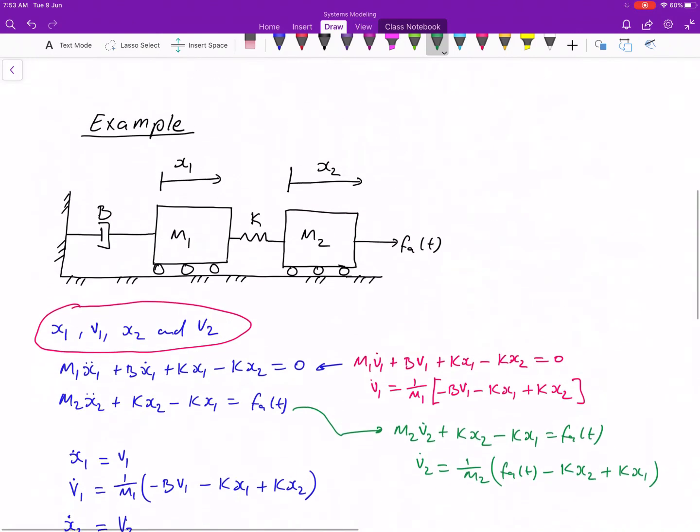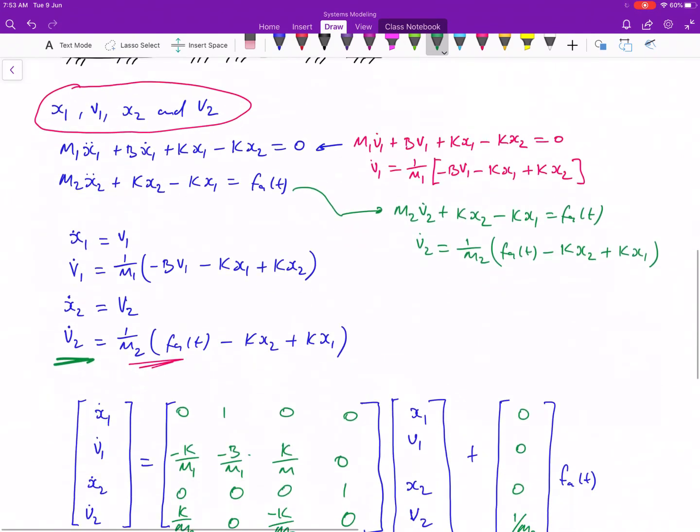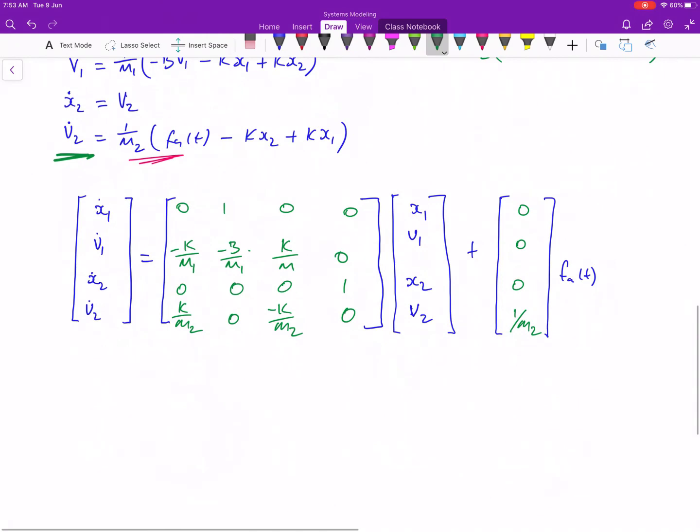And what was our output? We were not asked about the output, but let's say, for example, we should always have an output. What do you want to be our output? I think in the book the output was v2. So let's assume that the output is v2.